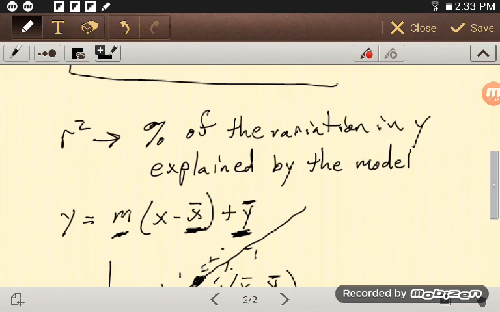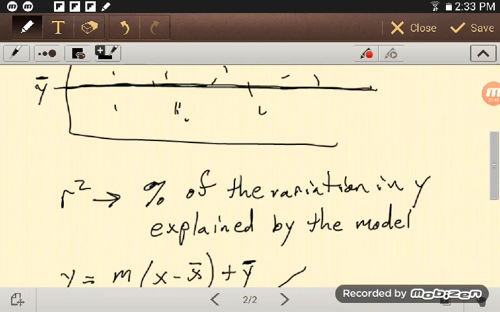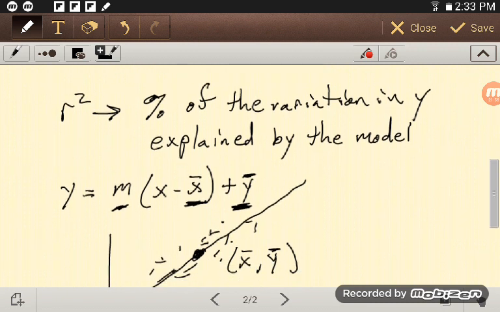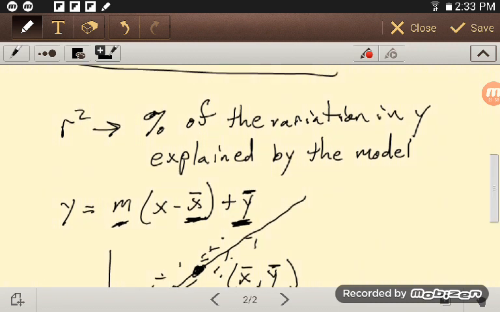Okay, so we're going to be interested in the parameters m and b, though b is not a big deal. If you tell me the slope, because I know the line contains x bar, y bar, I can get b. B equals y bar minus m times x bar. And so the key is finding that slope m.